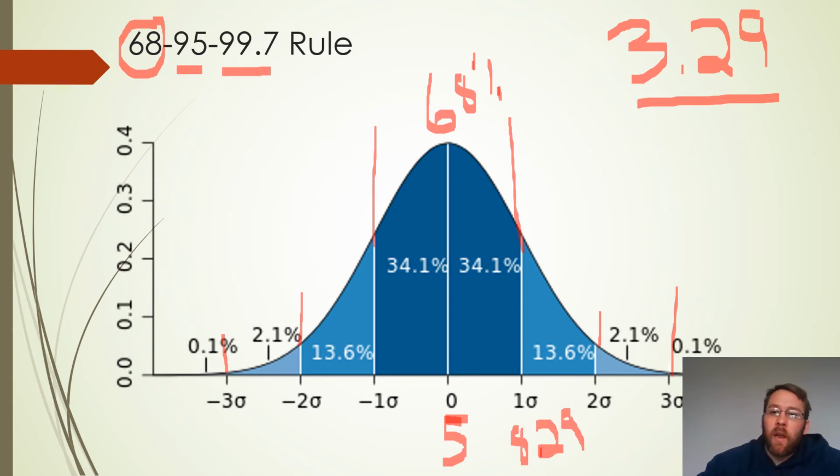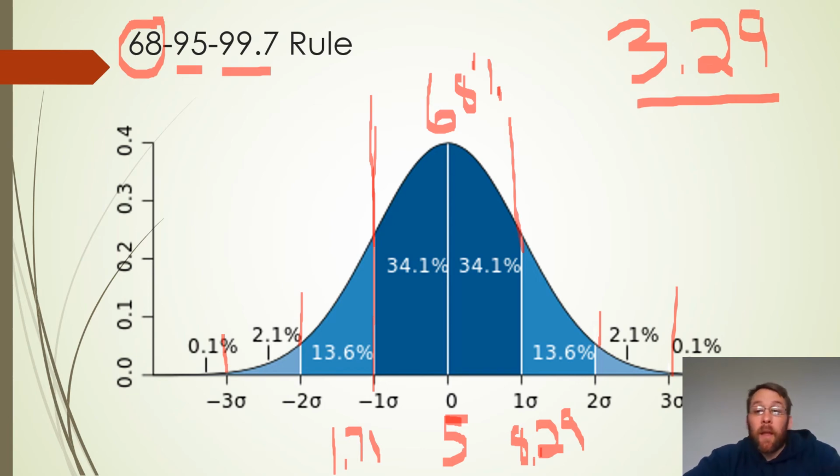And if I subtract 3.29 from 5, 5 minus 3.29, I get 1.71, right? So what this standard deviation allows me to do is predict that of the new numbers that come into my data set, 68% of those new numbers are going to be within a range of 1.71 and 8.29.